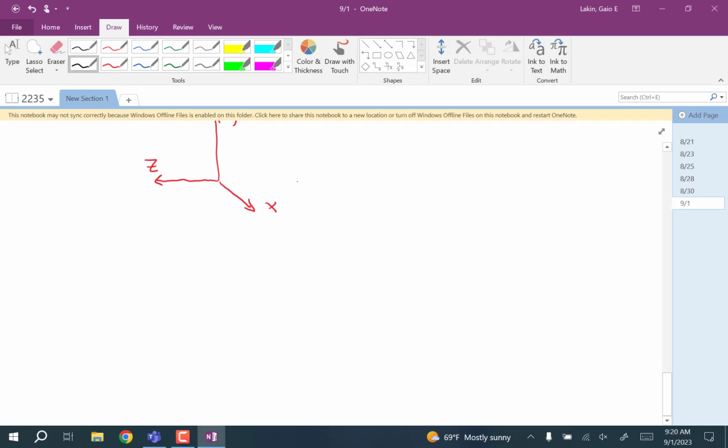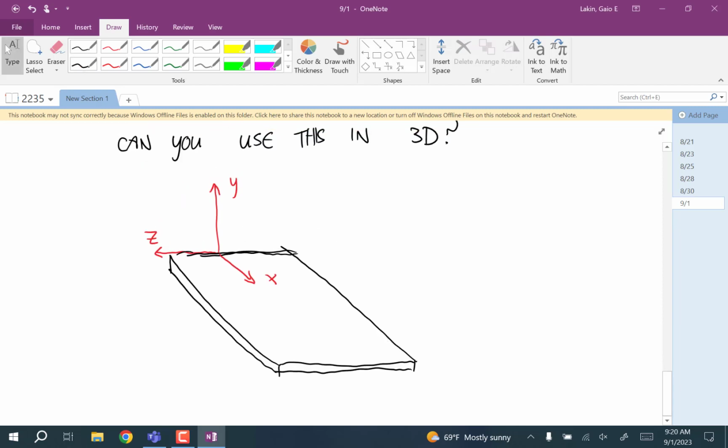And the body that we're looking at, let's say it's a plate like this. You can see the x-axis goes down sort of the middle.